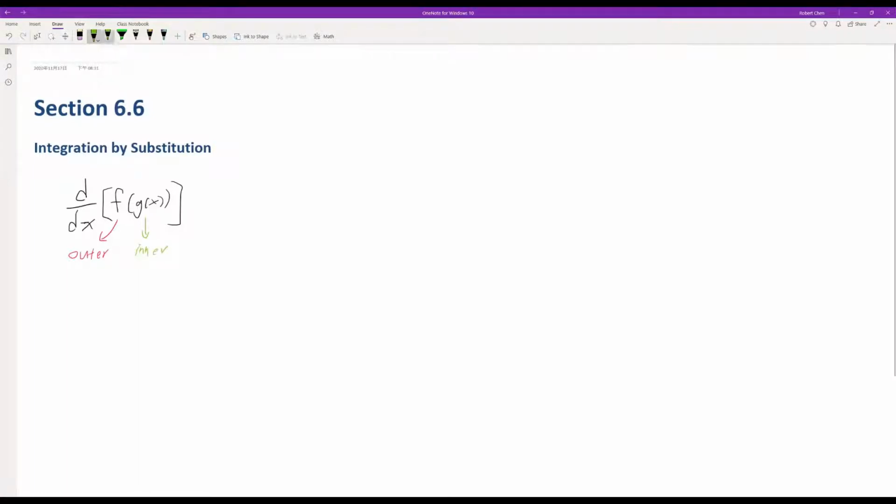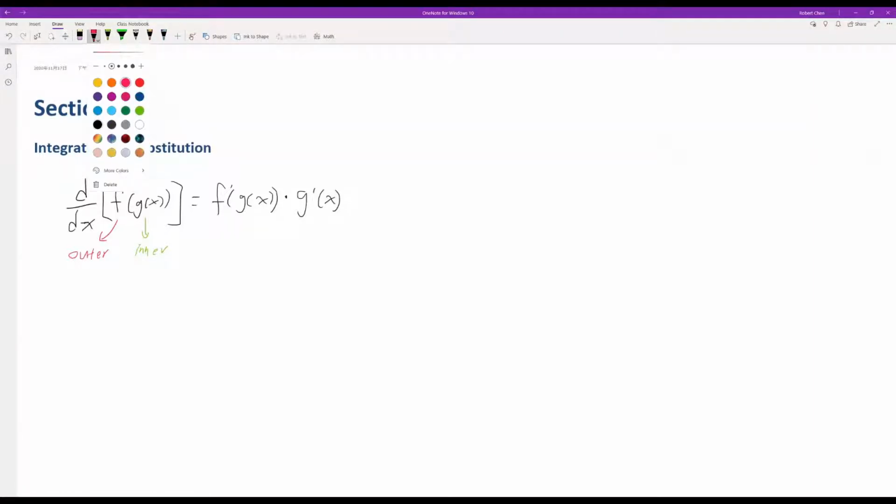To take the derivative of this, we have to apply the chain rule, meaning we take the derivative of the outside function, f prime of g of x, and then multiply by g prime of x.